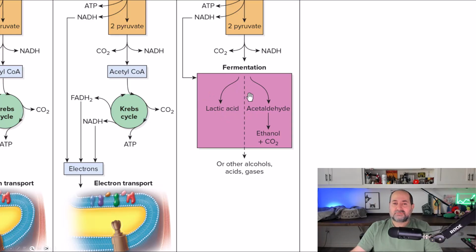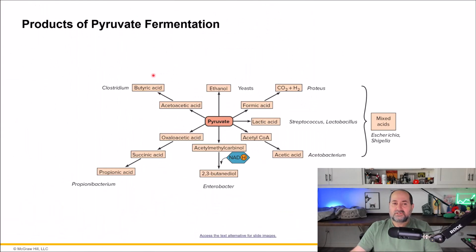But other organisms like yeasts might produce ethanol, and other organisms produce a host of other chemicals such as butyric acid, ethanol, carbon dioxide, acetic acid, 2,3-butanediol, propionic acid. You don't need to memorize all these, but you should know that different organisms produce different fermentation products. And fermentation is not the same thing as anaerobic respiration.